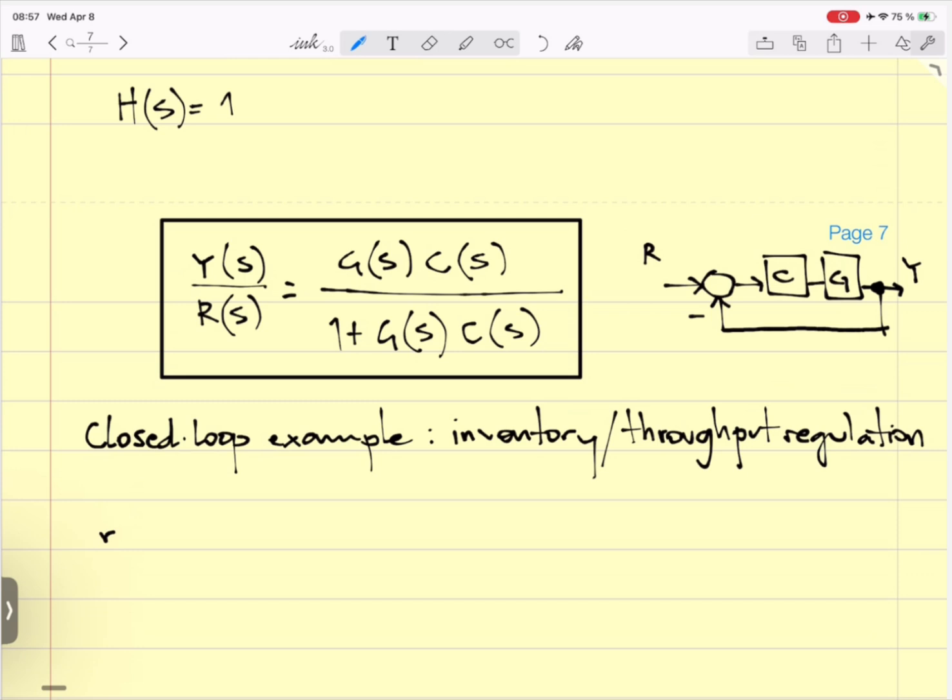So R of t. Now we're going to use the language of logistics. Okay. So R of t is the desired throughput. And Y of t is the actual throughput.